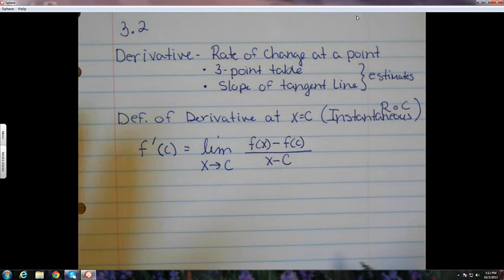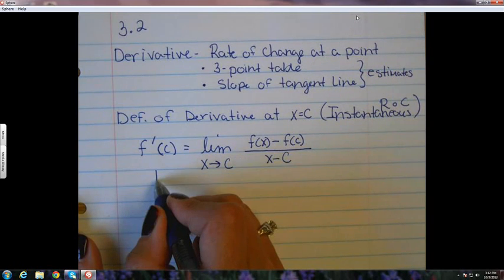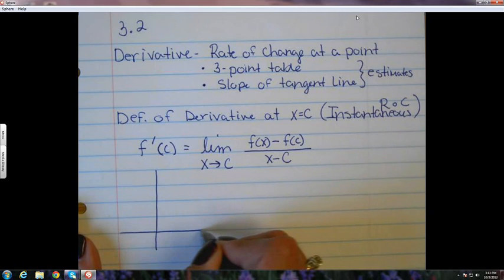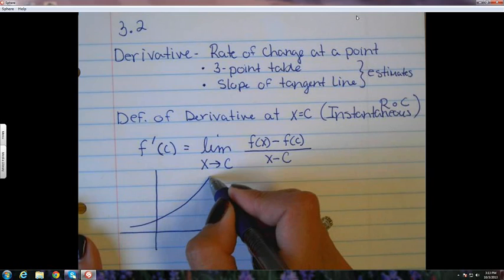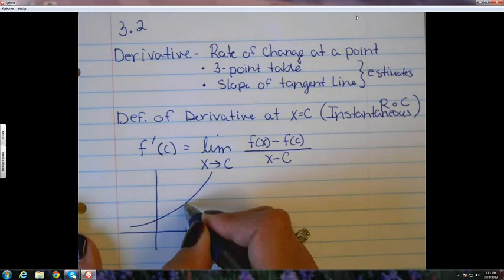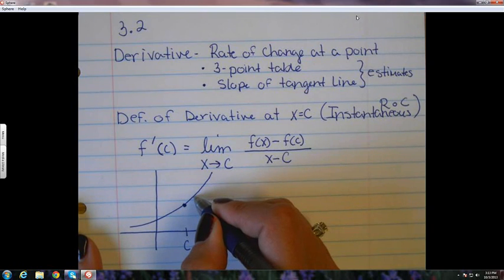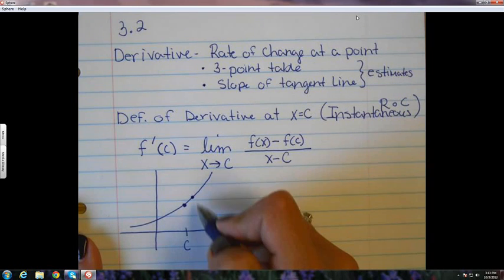Okay, and I want to show you in a picture why it is that way. So if we had a function and we wanted the derivative at c, what we did was we took a point close to c, another x value.